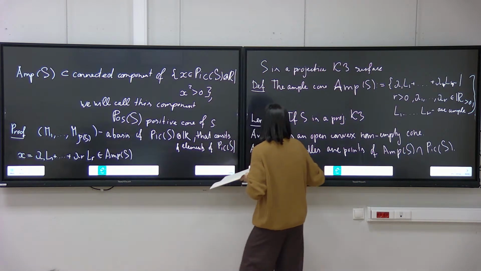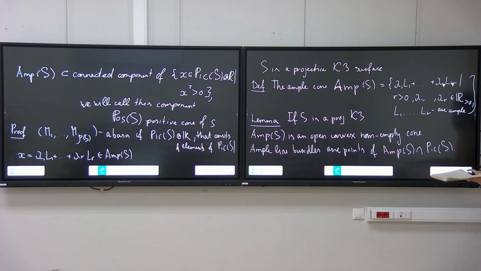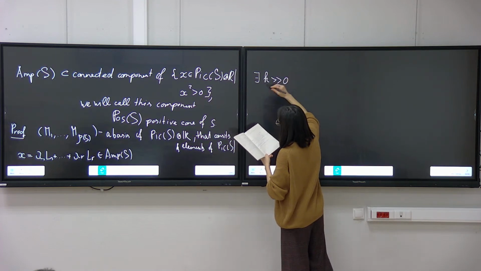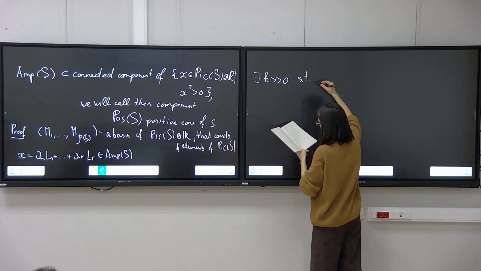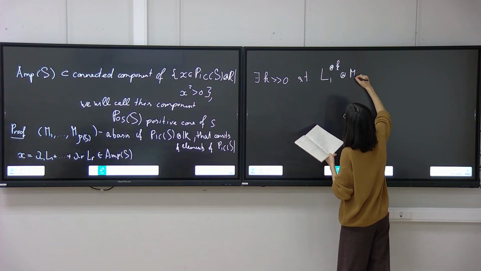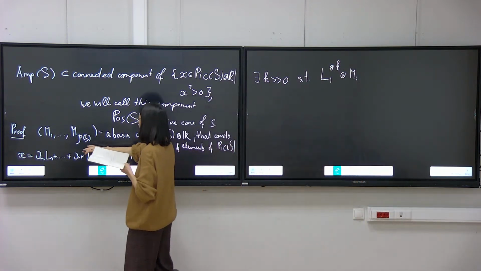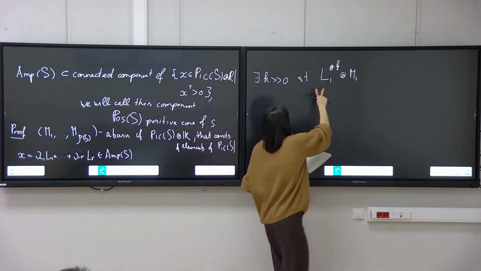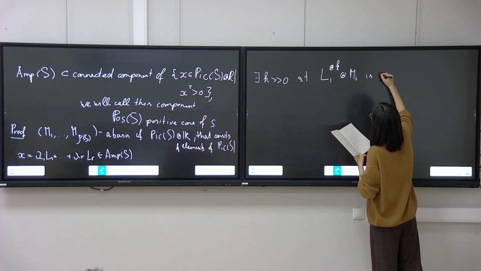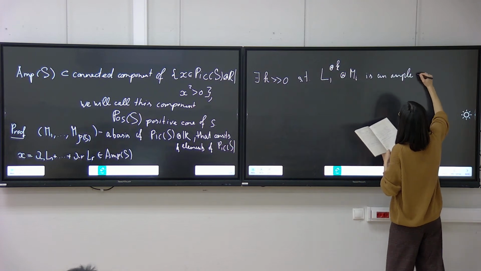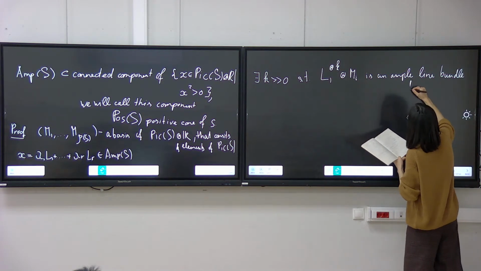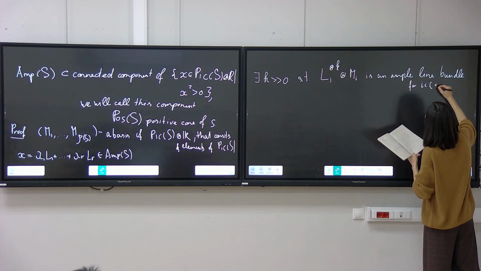Okay, then what do we have? We know that there exists K big enough such that if we twist all m_i by L_1 in a big enough degree, then this will be an ample line bundle for all i.